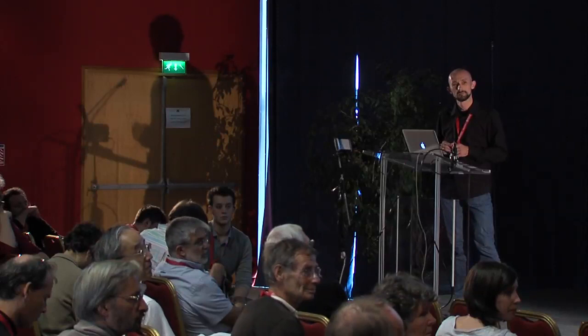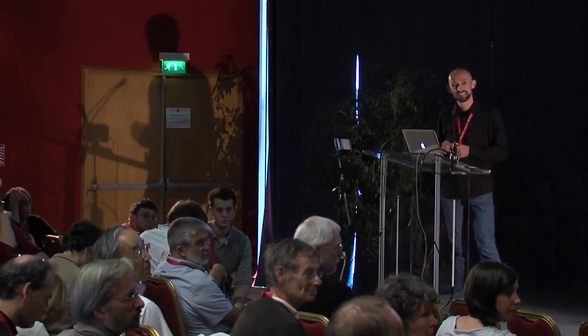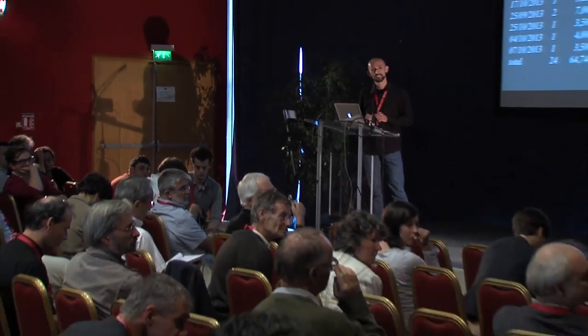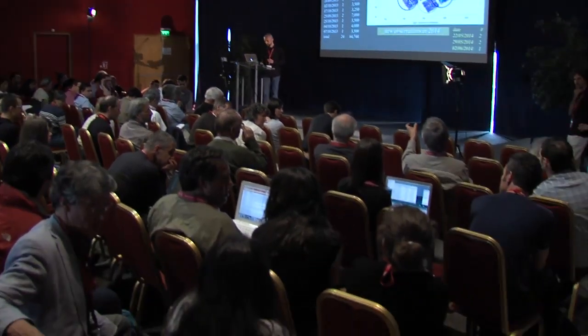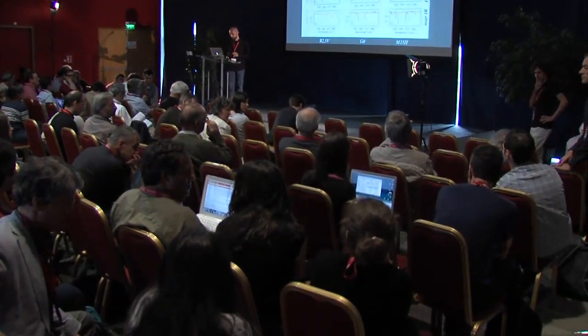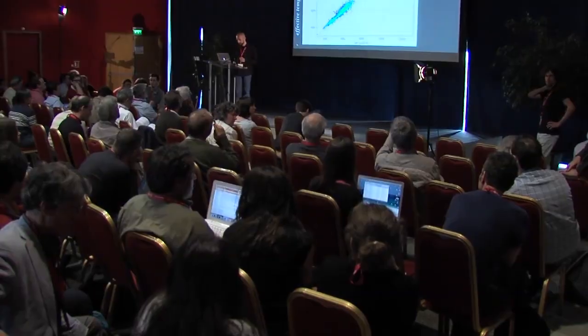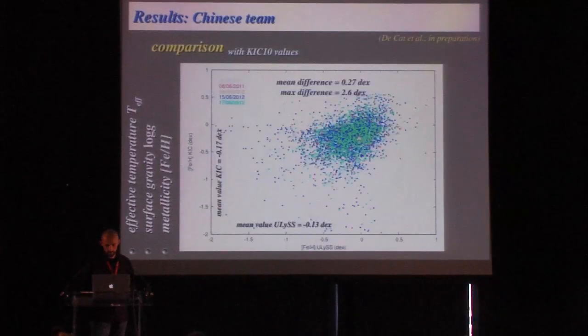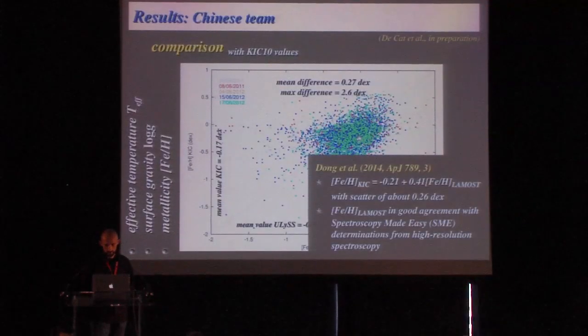Okay, so we have a question here. It was practically the same as the previous question. I was wondering about this coefficient of 0.4 when you had the metallicity conversion between the KIC and the LAMOST metallicities, which really shows, I think, that one of the catalogs is totally off against the other one. In this paper, they do show that there's a slope if you compare the KIC with their results.